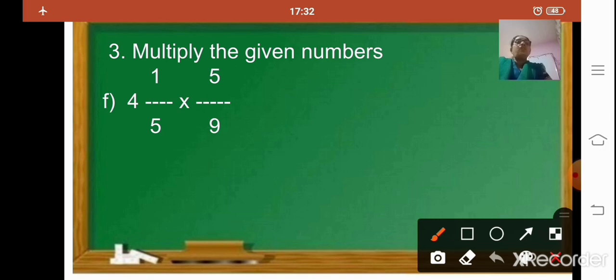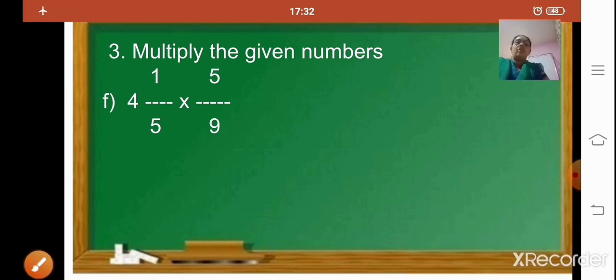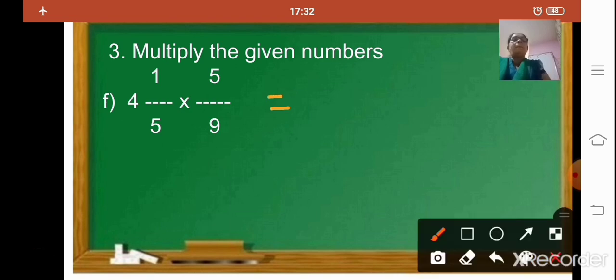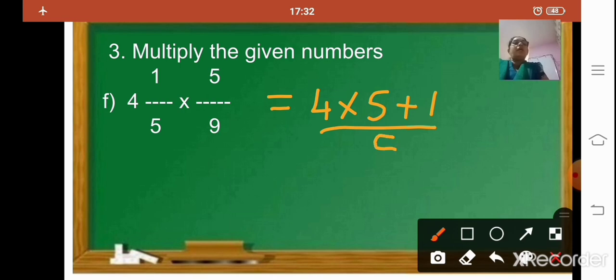Okay, so we'll convert the first one, that is 4 whole 1 upon 5, into improper fraction. So when we convert this into improper fraction, that will be 4 into 5 plus 1 upon 5.